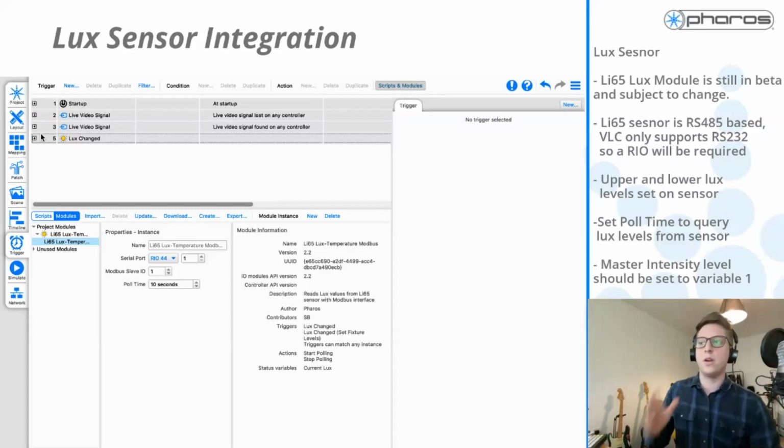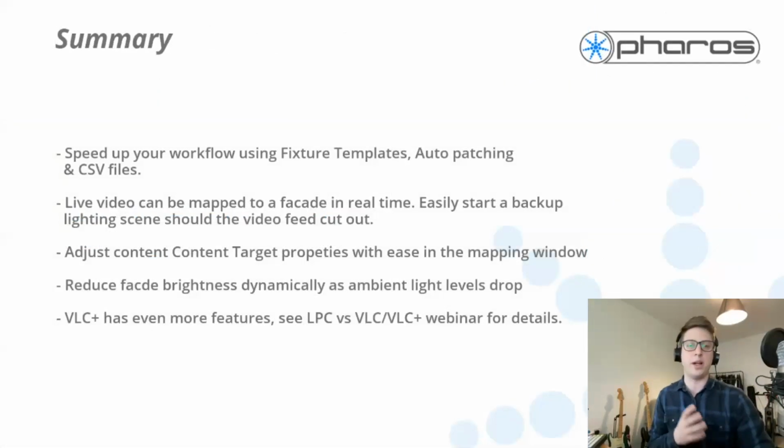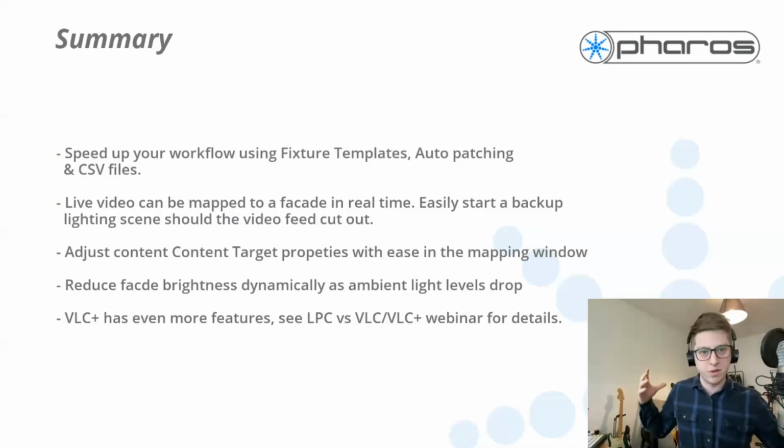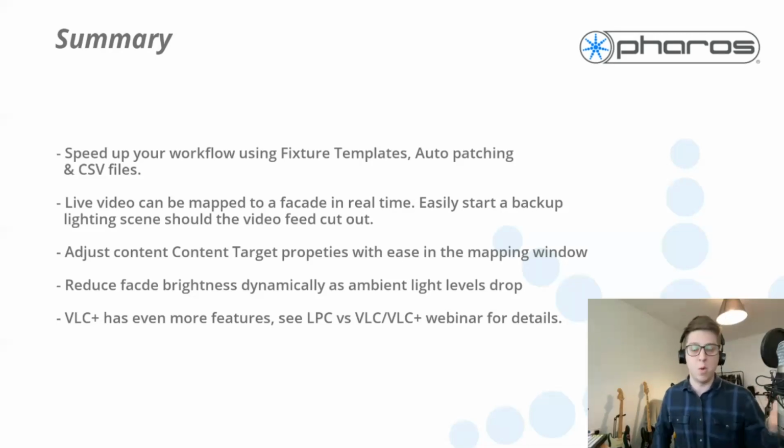Okay, so I just want to finish off with a quick summary. A couple of things to remember with this webinar. First of all, you can really speed up your workflow when you're working with a VLC and lots and lots of LEDs by using the following. Using fixture templates will speed up your workflow instead of having to patch and work with single LEDs.